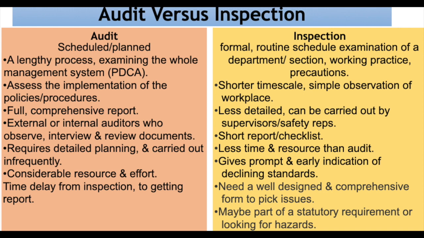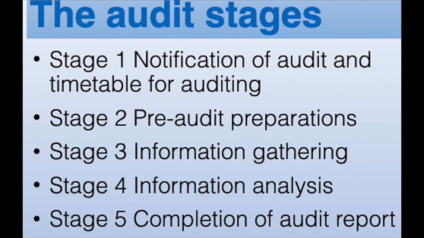So students need to have good clarity regarding the distinction between a safety audit and inspection. In your open book examination, if you were given a scenario where you are part of an audit team, it might be prudent to follow these 5 steps, which help you to undertake the audit in a logical and efficient manner.